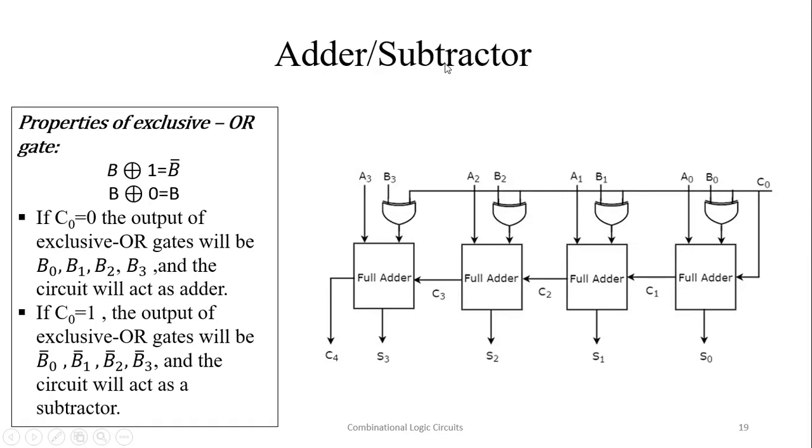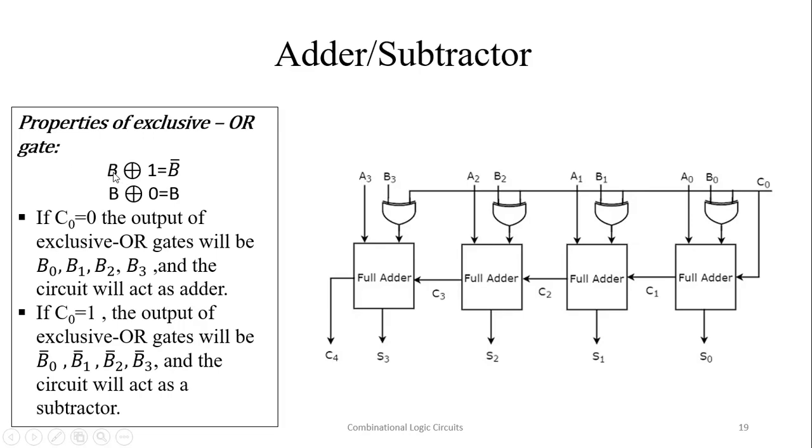Adder subtractor: a circuit which can perform both addition as well as subtraction. Here, look, that is again a full adder, and this is C0, and A0 and B0, where B0 is provided to the full adder through this exclusive OR gate. Look at the exclusive OR properties.